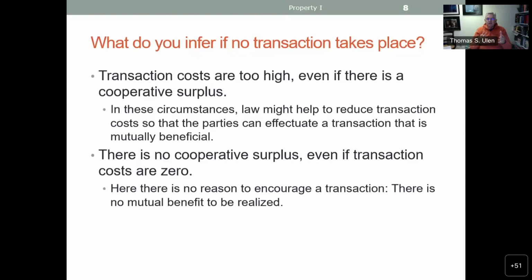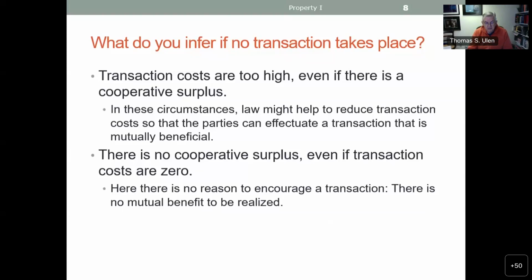The other great reason is there's no cooperative surplus. And we have to be careful that we do not intervene in circumstances where there's no cooperative surplus. We should only intervene in circumstances in which there are benefits to both parties to be realized.